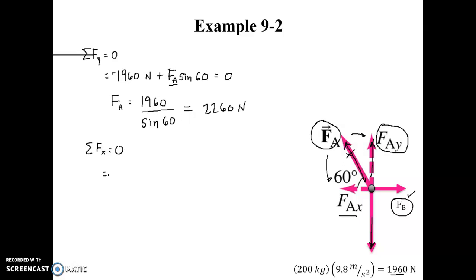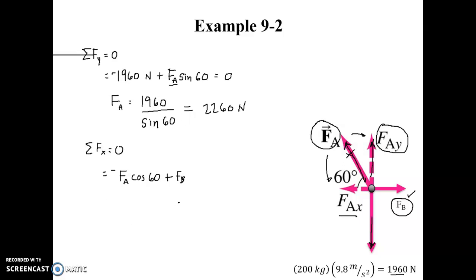And so their sum must equal 0. So FAX is going to the left. So that's negative F sub A, and the horizontal component was F sub A times cosine of 60, plus FB. The two of those forces added together are going to equal 0.